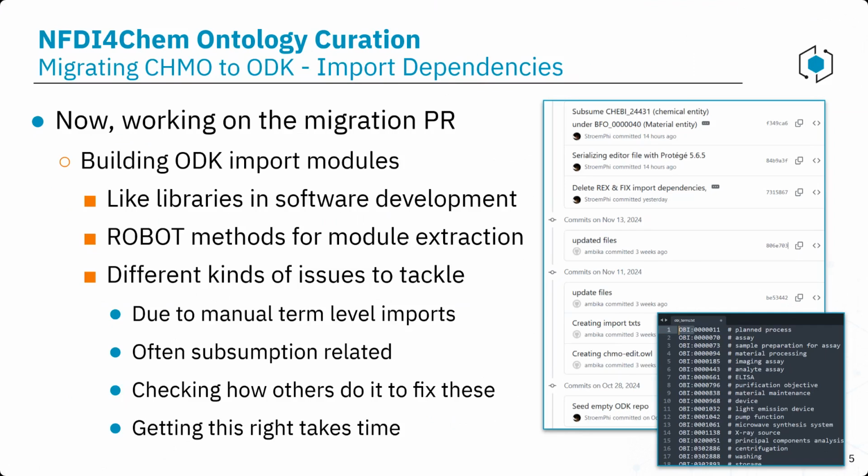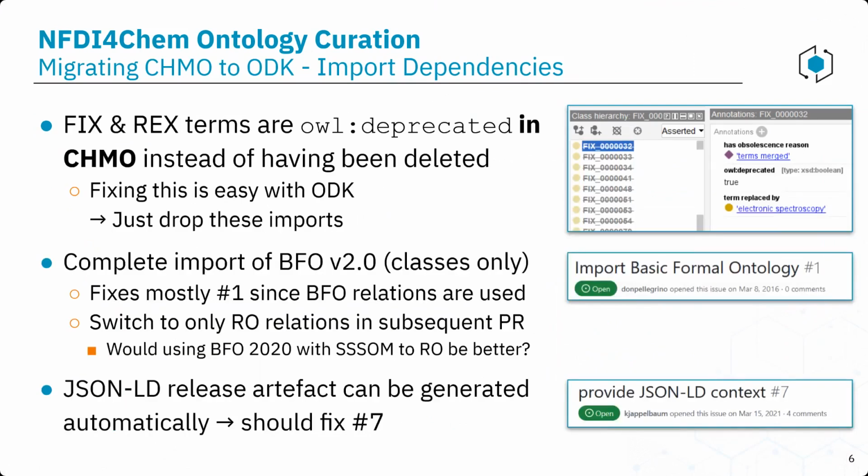In the case of CHMO, where terms have been manually imported previously, we face some specific challenges. For example, CHMO initially imported terms from the physical-chemical process ontology REX and the physical-chemical methods and properties ontology FIX. Later, these terms were replaced by equivalent terms defined in CHMO itself.